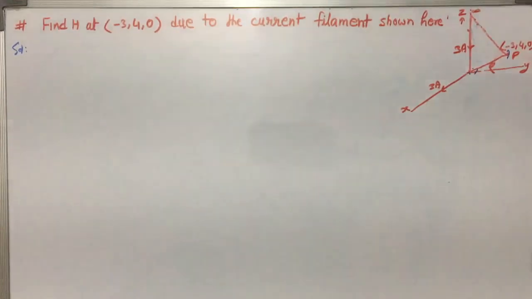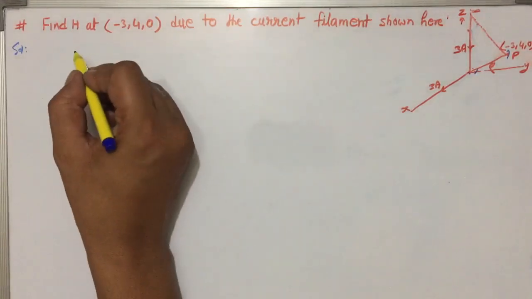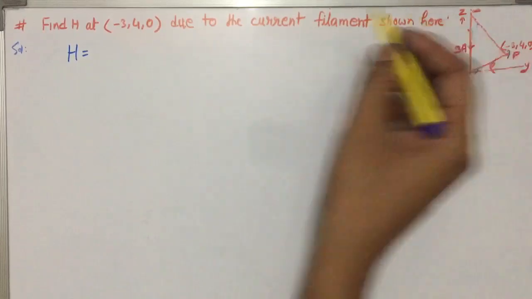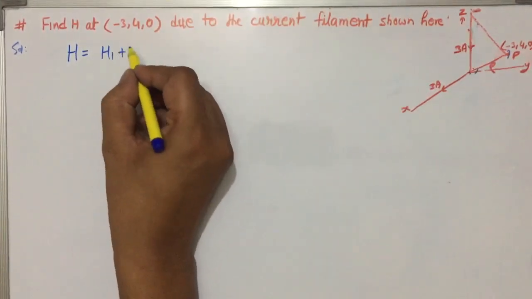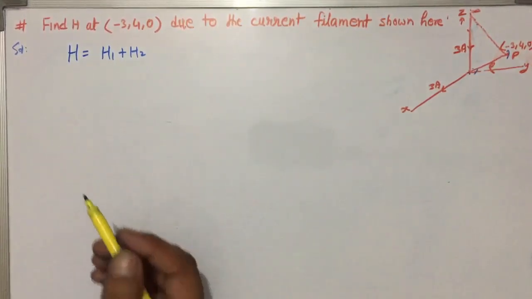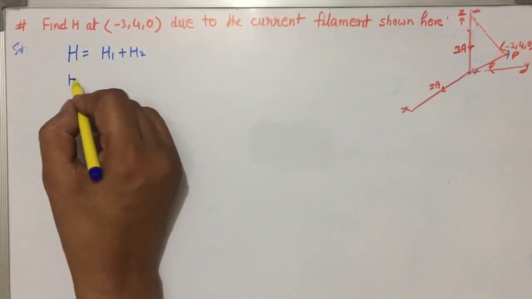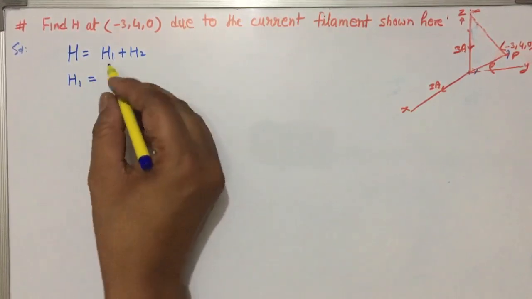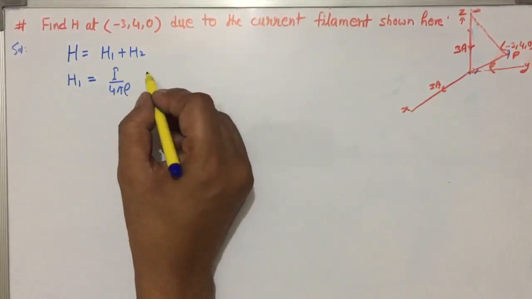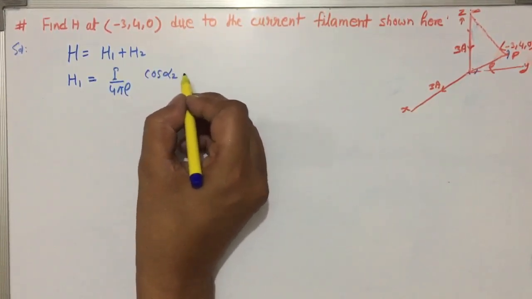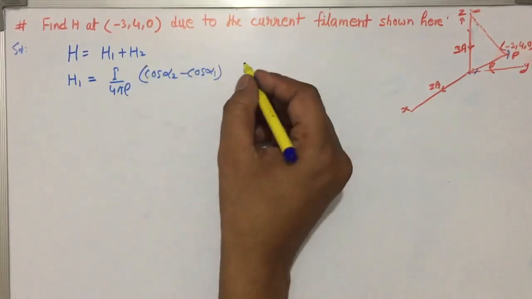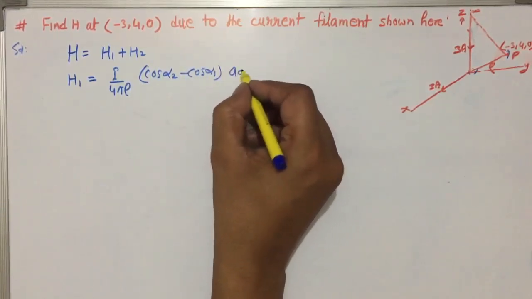Combining all, the magnetic field intensity H at this point due to the full system will be the sum of these two. We know from the previous study, which we just derived, that H can be written as I by 4 pi rho times (cos alpha 2 minus cos alpha 1) in the direction of a phi.